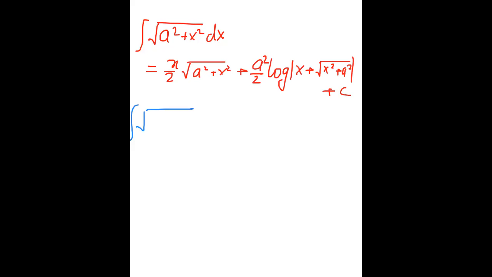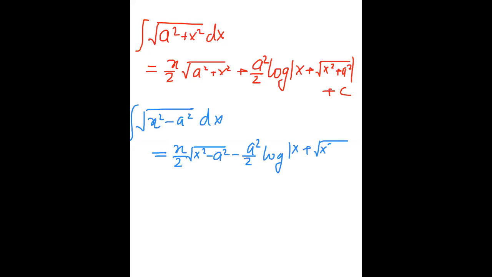Integral under root x square minus a square dx will be equal to x by 2 under root x square minus a square minus a square by 2 log mod x plus under root x square minus a square plus c.